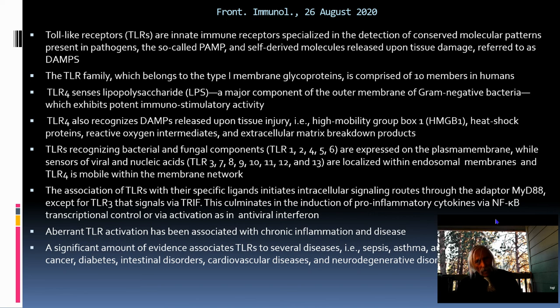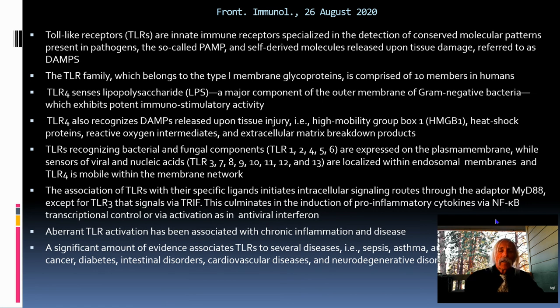Pathogen-associated molecular pattern. So it comes from the pathogen. And self-derived molecules released upon tissue damage, that would be from the host, and those would be called DAMPs, or damage-associated molecular patterns. DAMPs come from the host, for example, from the human. PAMPs come from the potential etiologic agent or pathogen.